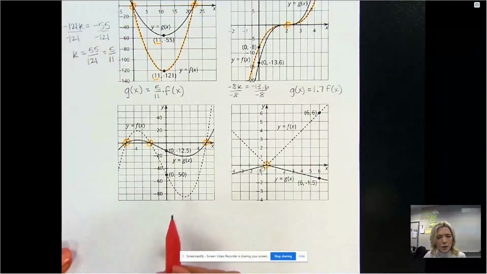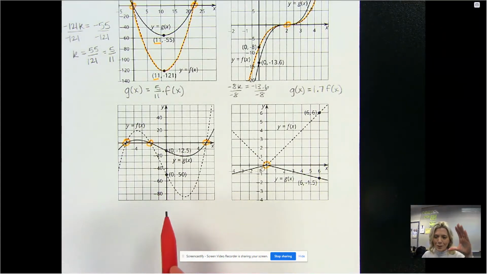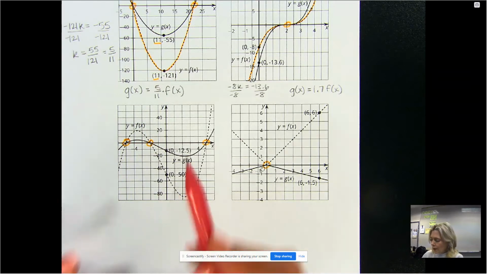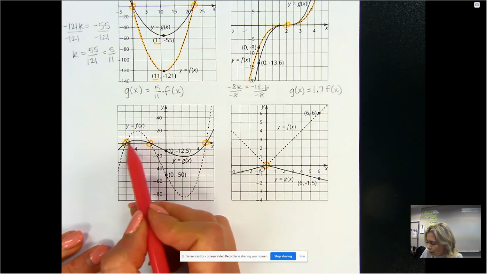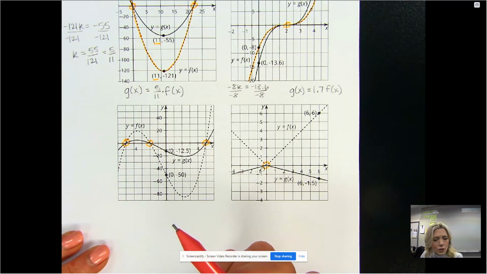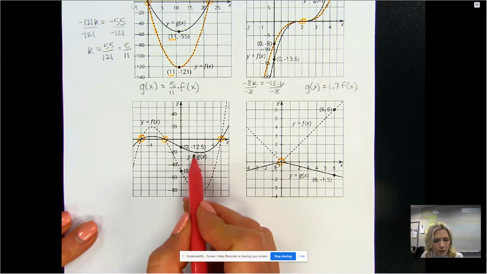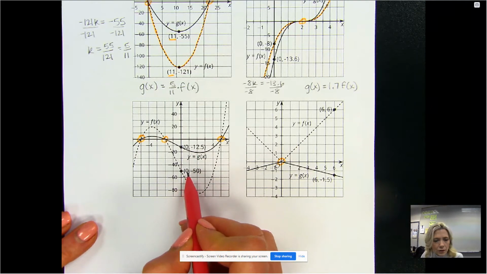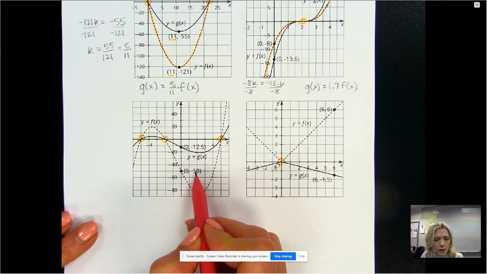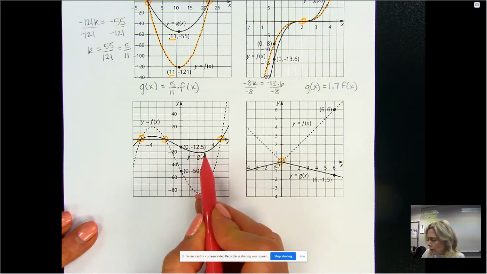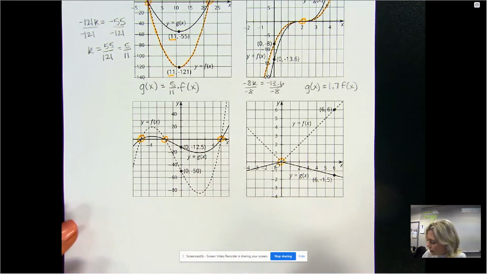Okay, this next one, I'm going to expect it to be a vertical compression because we can see the solid graph is much lower than the dashed graph. And so when we look at our corresponding points here, when x is 0, f of x is negative 50, and g of x is negative 12.5.